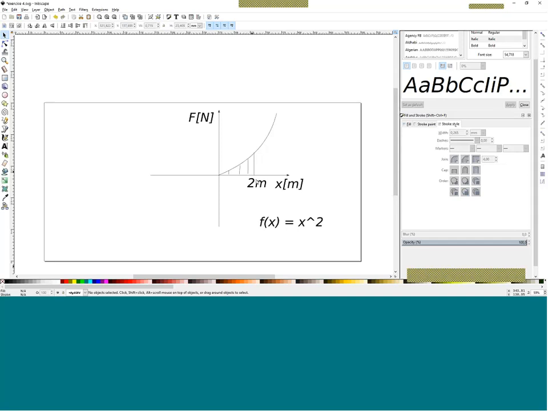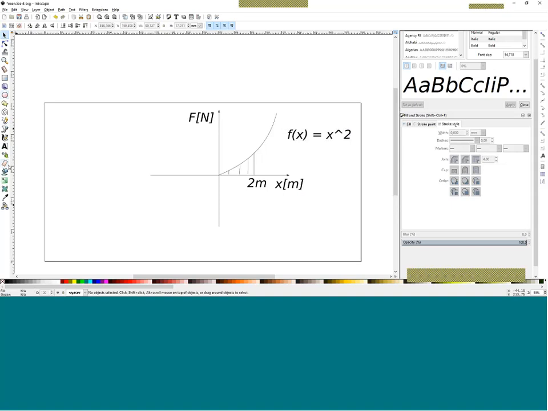The thing is, if we want to find the work done over this distance with this kind of force curve, and we know that the force relative to the distance is a function of x squared, then we can perform the integration.